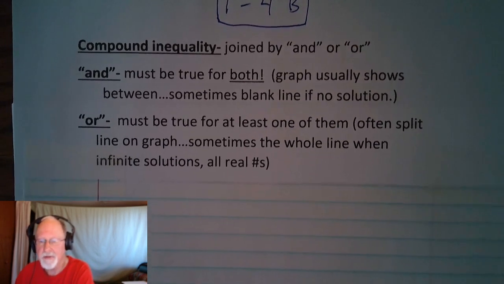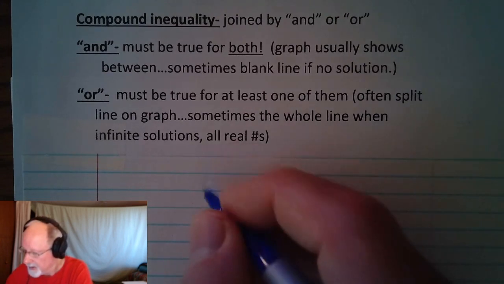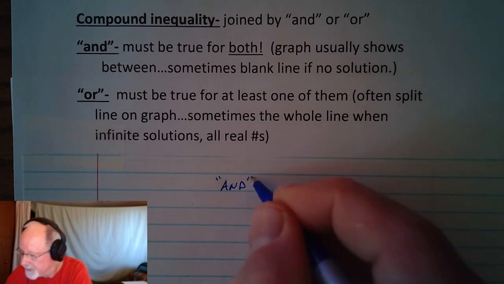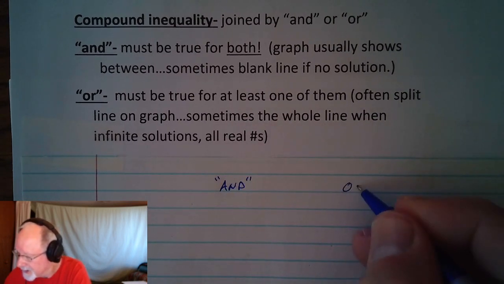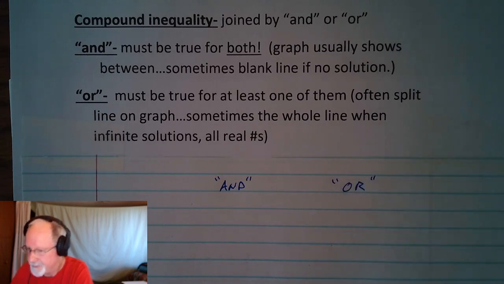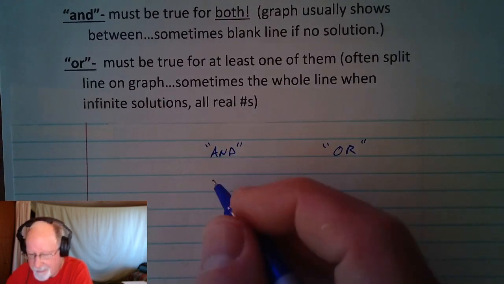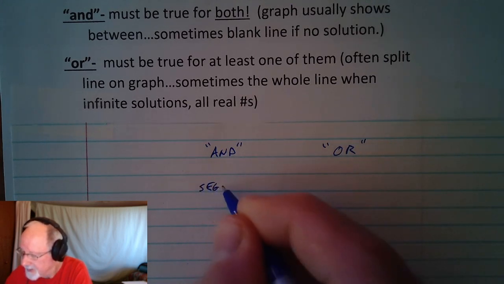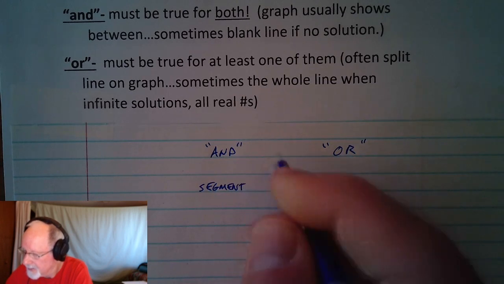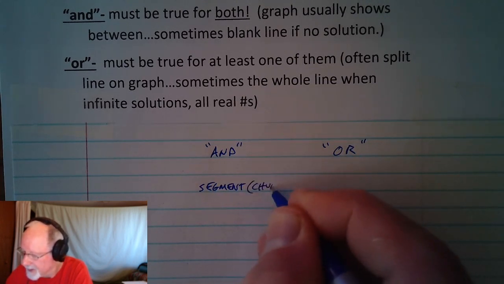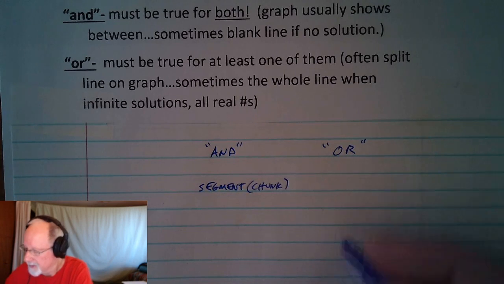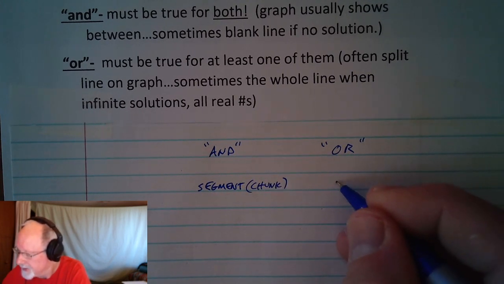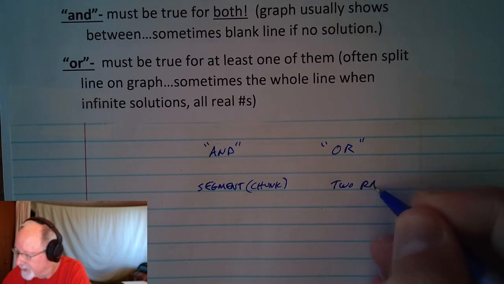So after you've got those written down, if we just kind of compare, here's the and kind, and here's the or kind. So the compound inequalities that are and typically are a segment or a chunk of the number line, versus the or tends to be two rays going in opposite directions.